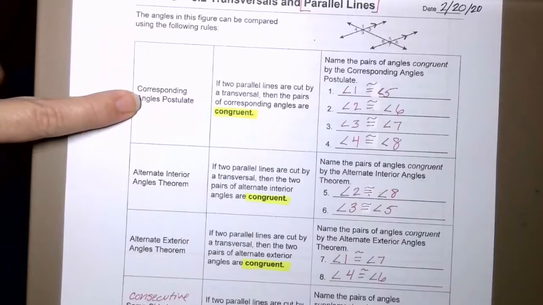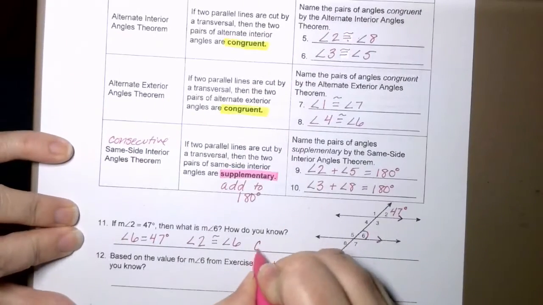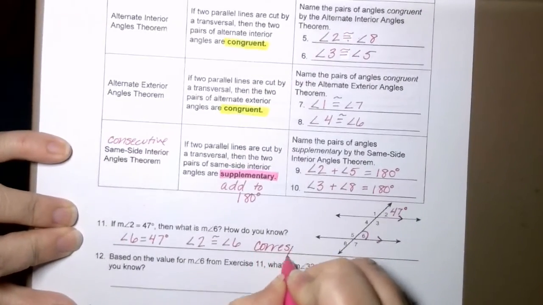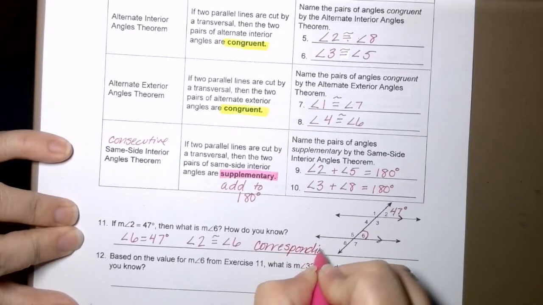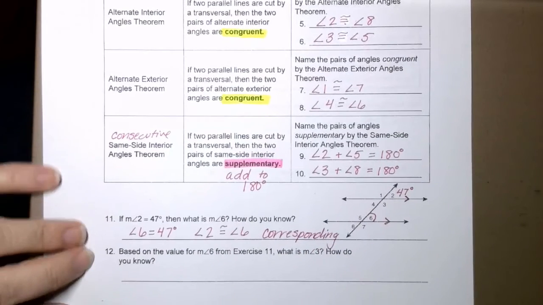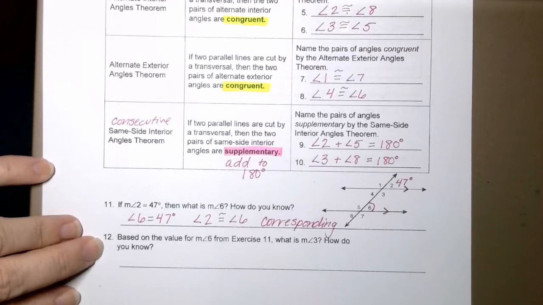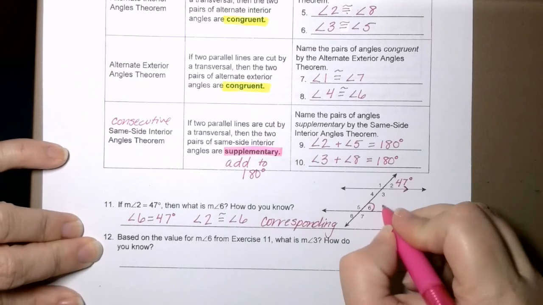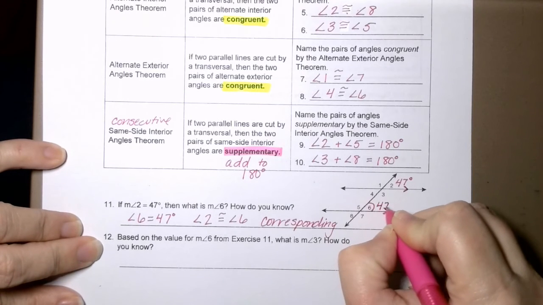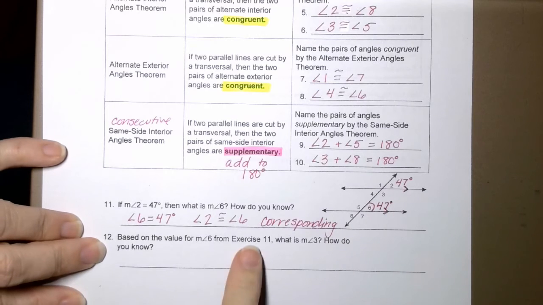Because they are corresponding angles. Okay? All right, based on that value of angle 6, that was 47 degrees, correct? What's the measure of angle 3?